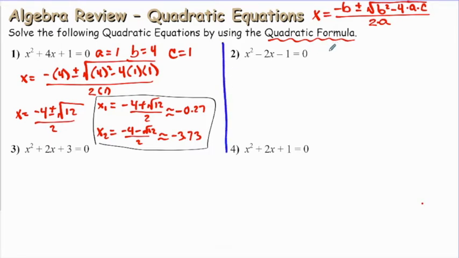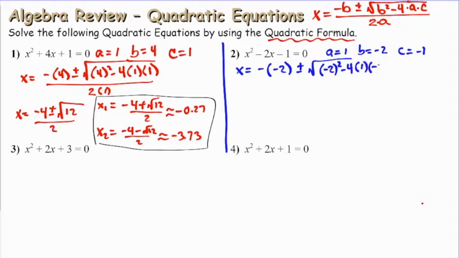So we can see that in problem 2, a is 1, b is -2, c is -1. And when we plug this into the formula, x is equal to the negative of b plus or minus the square root of b squared minus 4 times a times c.